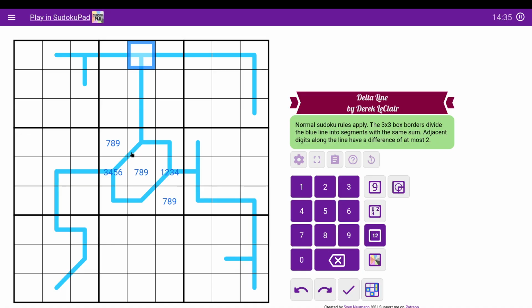This digit sees all 3 of its neighbors, and the 3 neighbors of this digit all see each other and therefore must be distinct. So this is neither the highest nor the lowest among those digits, which does not stop it from being the highest or lowest in its row.